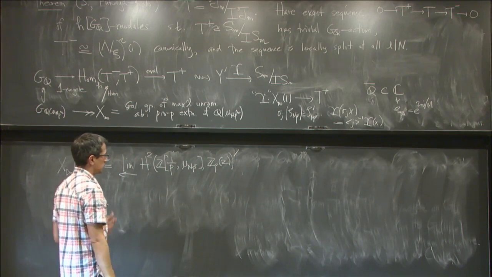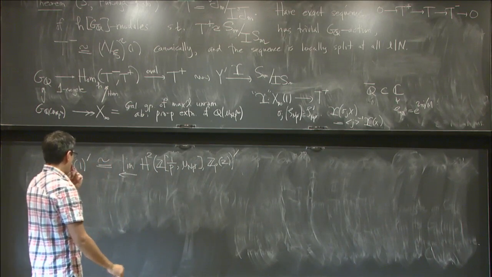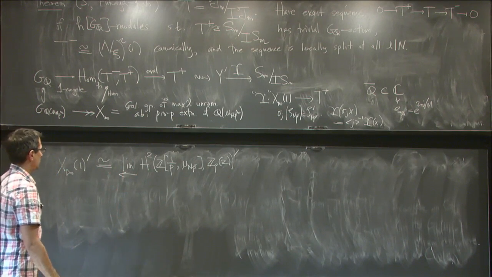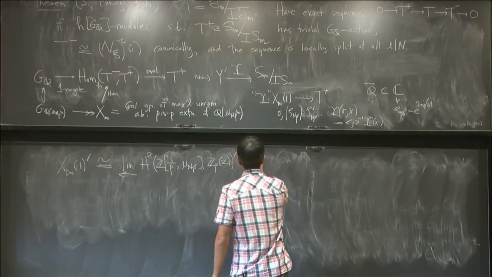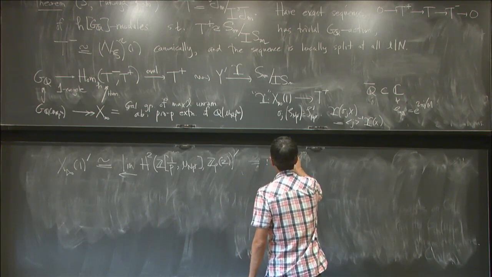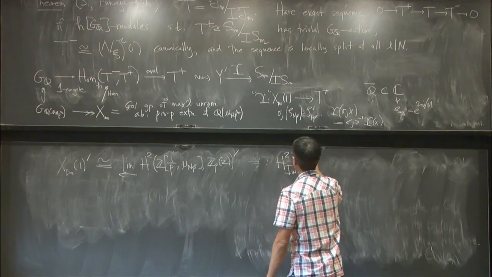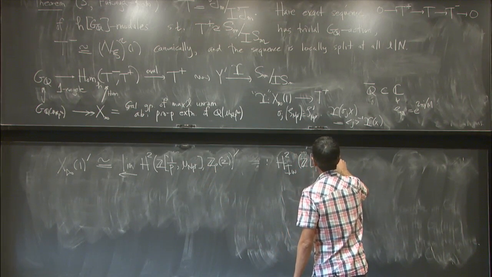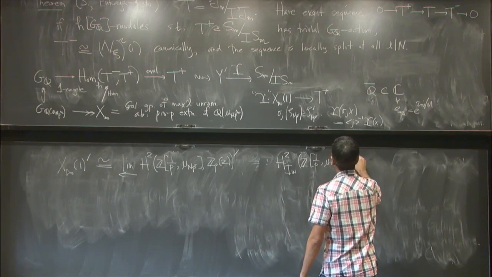And this is actually because of the characters I chose. There's always a map. And this is what we call, for later use, H^2 Iwasawa. This is Iwasawa cohomology. So these are under corestriction maps, mu_{np^infinity} tensor Z_p(2).